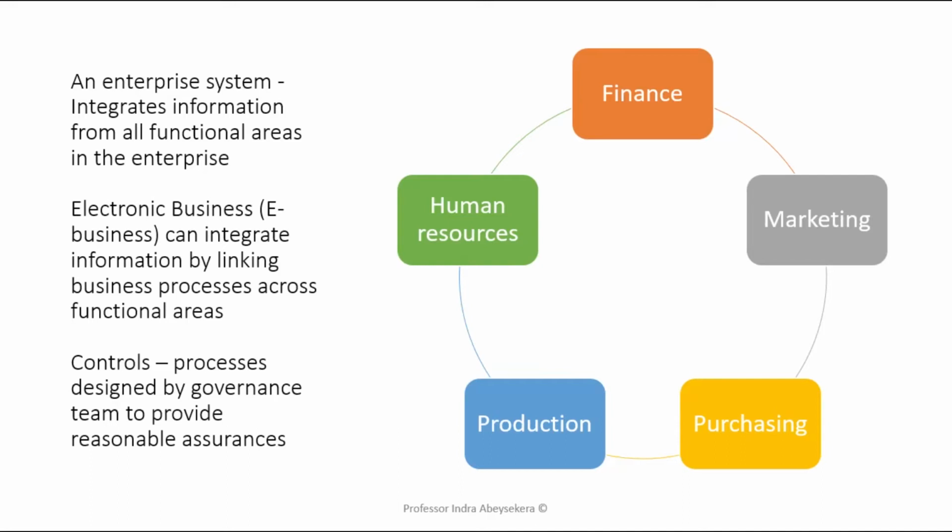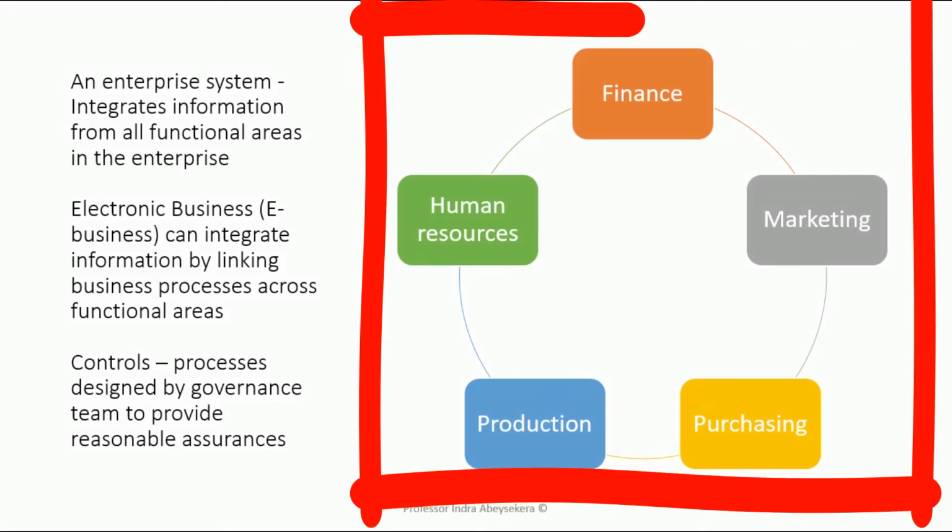An enterprise can be looked at in different ways. But an enterprise system is something that integrates information across all functional areas, like finance, marketing, purchasing, production, and human resources.